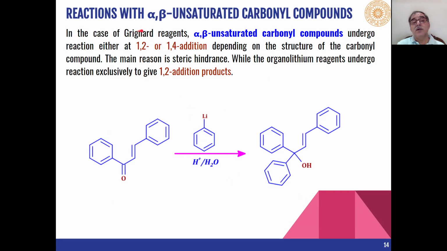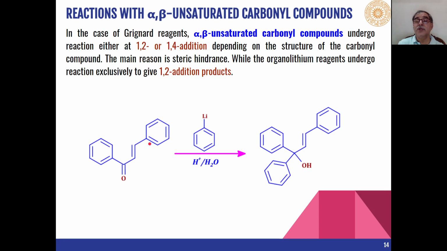Then these aryl lithium compounds can also undergo a reaction with alpha beta unsaturated carbonyl compounds like this, and we can get either 1,2 or 1,4 addition in the case of Grignard reagent.